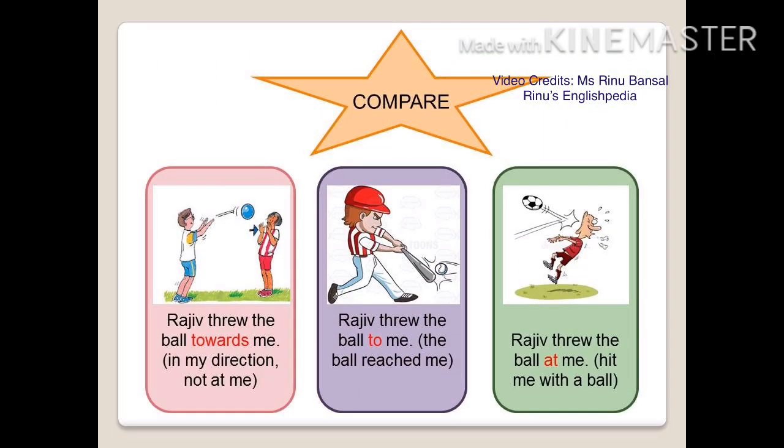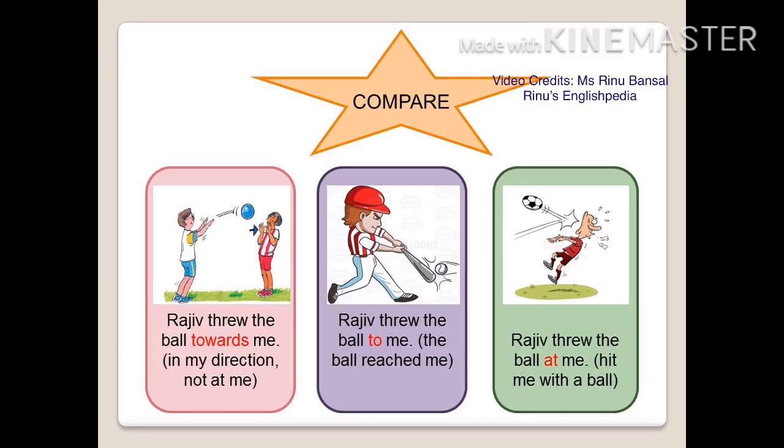In order to better understand the usage of at, let us compare these three sentences. First one, Rajiv threw the ball towards me. The second one, Rajiv threw the ball to me. And the third one, Rajiv threw the ball at me. Over here the prepositions are towards, to, and at. In the first sentence, towards me refers to my direction and not at me.